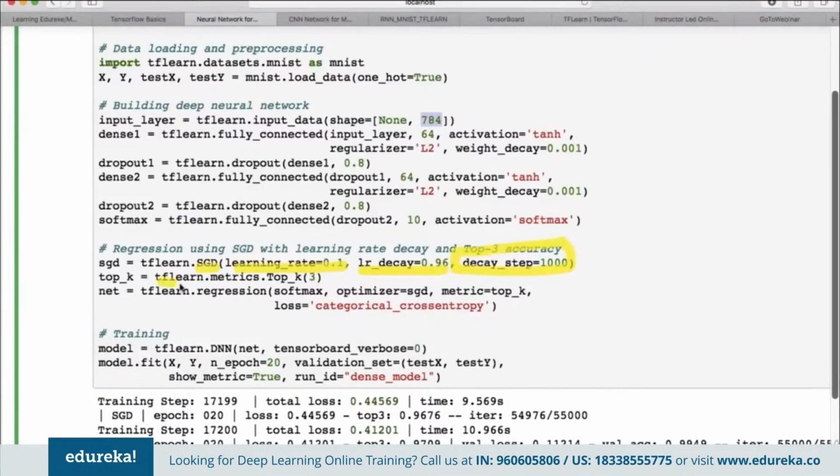And when you say TFLearn metric top K 3, it means, let's say your example is 0 and your model, which is using softmax, at the end of the day will be predicting the probability for an example to belong to some class. As you know, softmax gives the probability for each example of which class it may belong to.